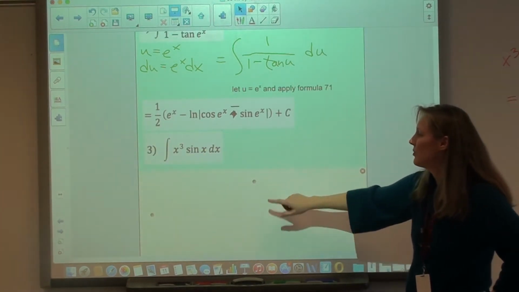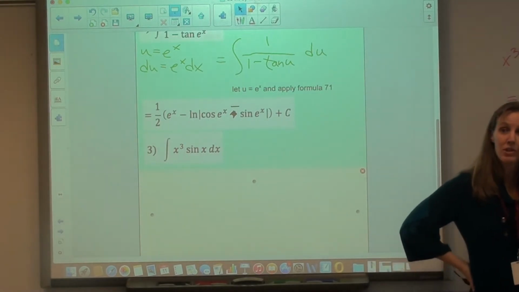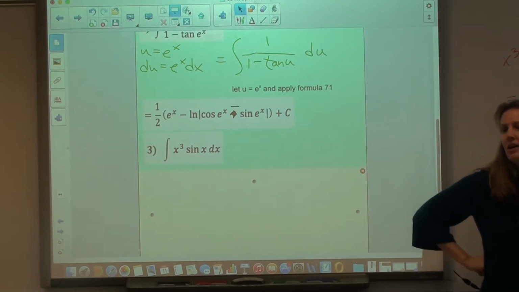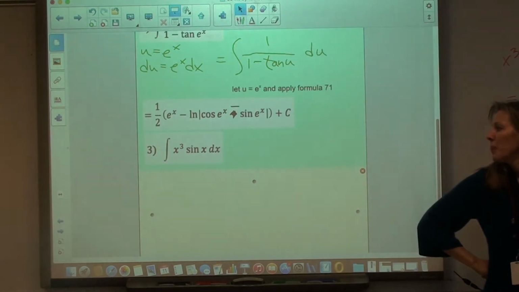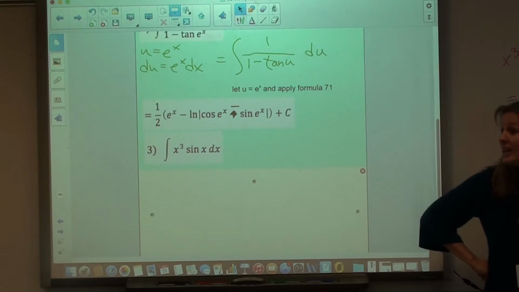Alright, here's a fun one. We did this one in first and third period today, and it's an upside down symbol. Yeah, that makes sense. And I discovered that a number of students were not versed in tabular method.